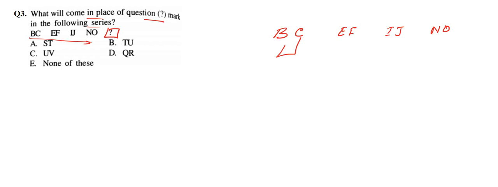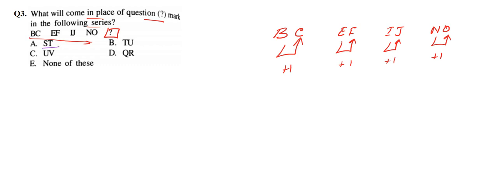So here we can check, from B to C we have +1, from E to F we have +1, from I to J we have +1, and from N to O we have +1. So we need to find the option which differs from the previous +1 pattern.